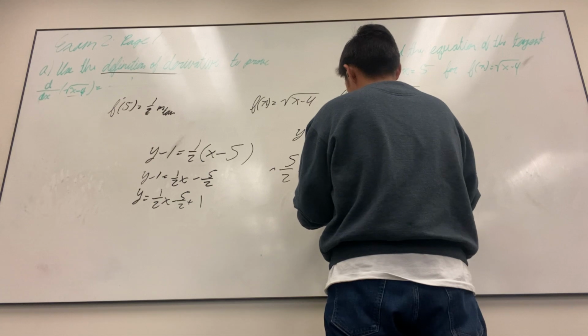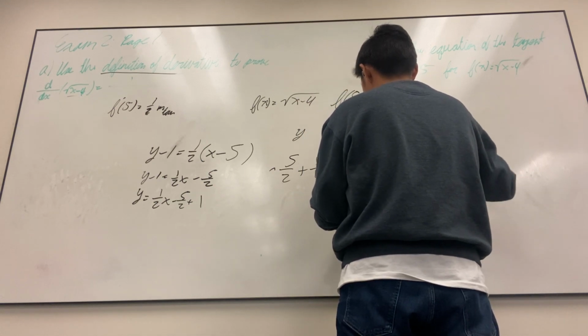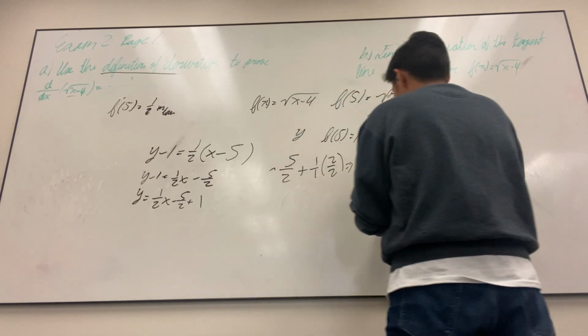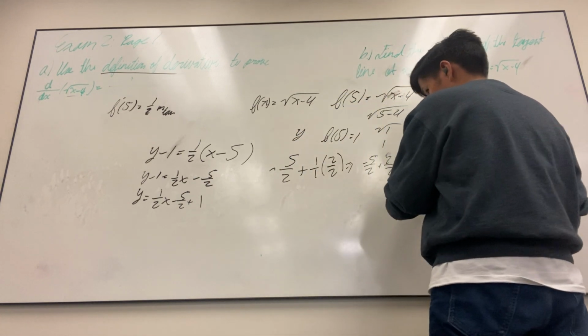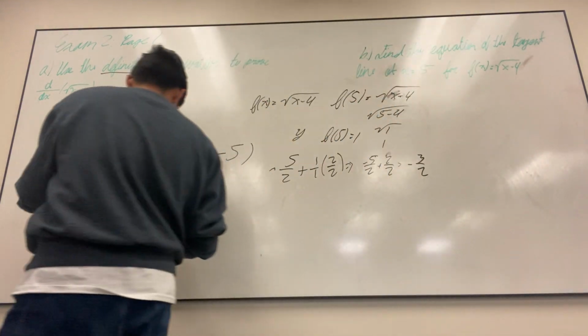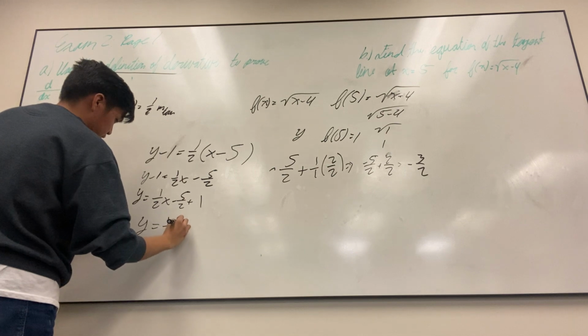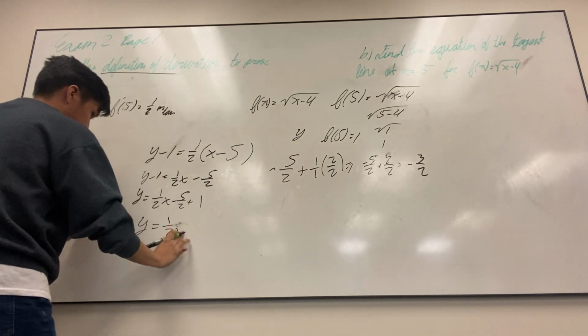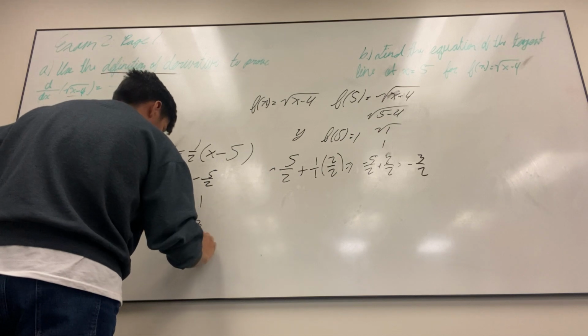So we have negative 5 over 2 plus 2 over 2, which becomes negative 3 over 2. So simplifying this, we have y equals 1/2 x minus 3 over 2.